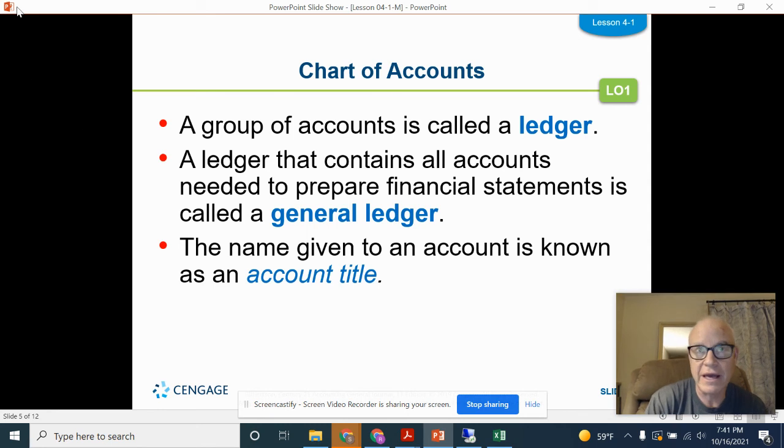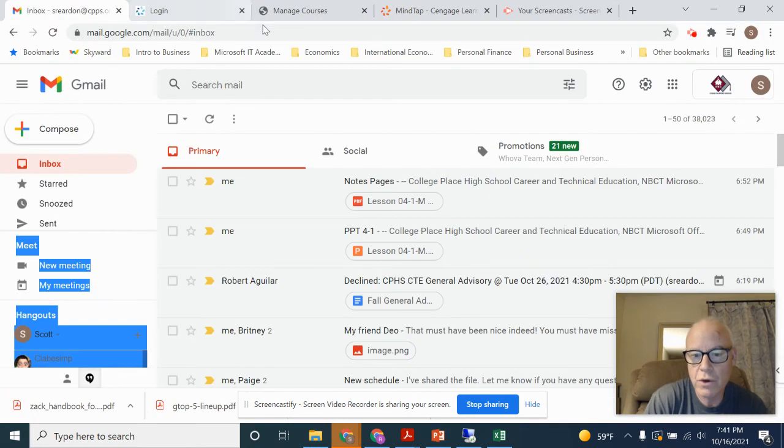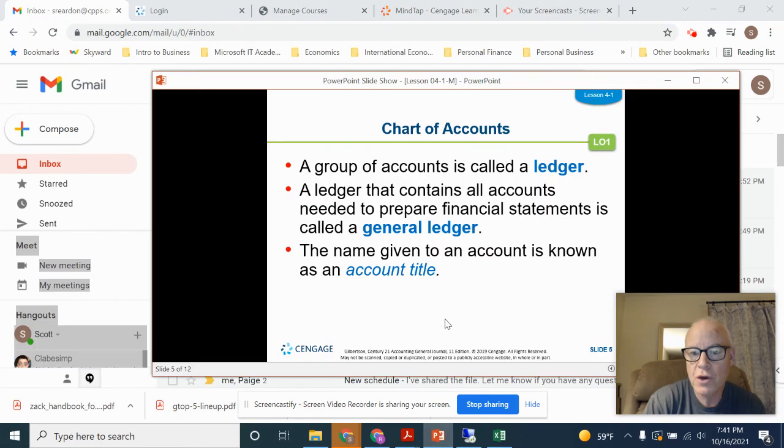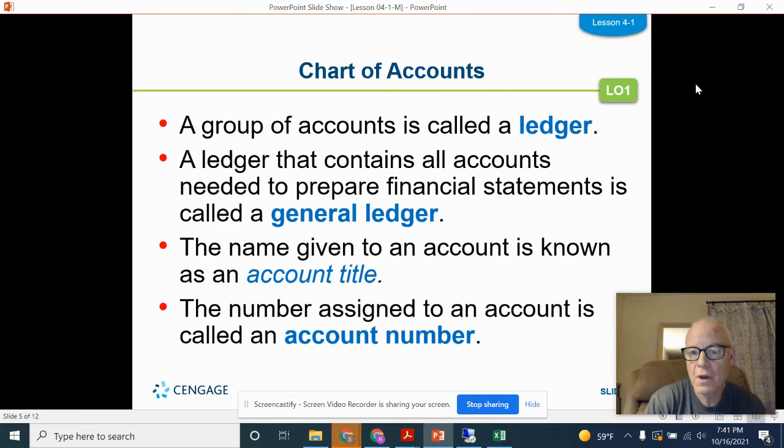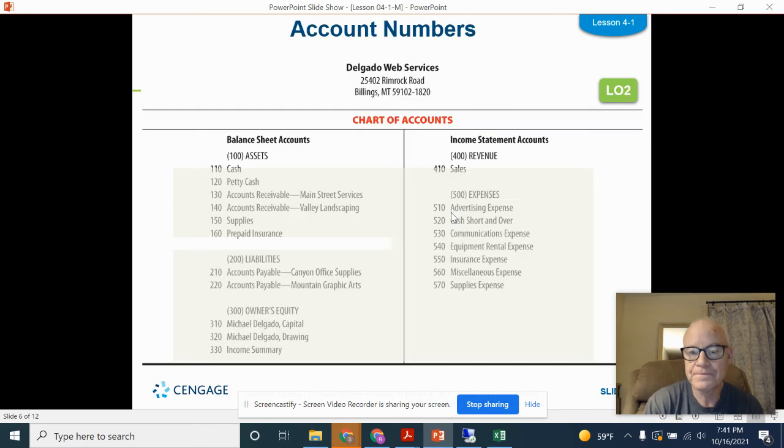And again, the owner decides what the account titles are going to be. The number assigned to an account is called an account number. So every account in our general ledger is going to have an account number and an account title.